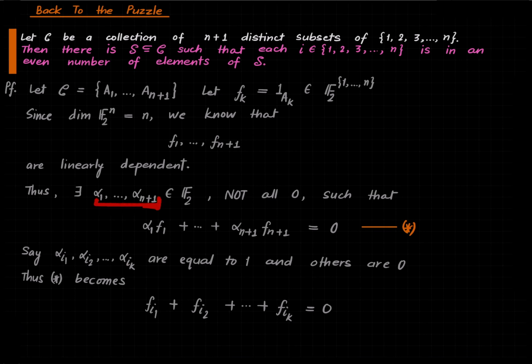If all of them were 0, then that is not a witness to the linear dependence of these functions. We already said that not all are 0, so k is certainly a positive integer. Okay, so we have that this is the case, and now we claim that the family S defined as this has the required property.